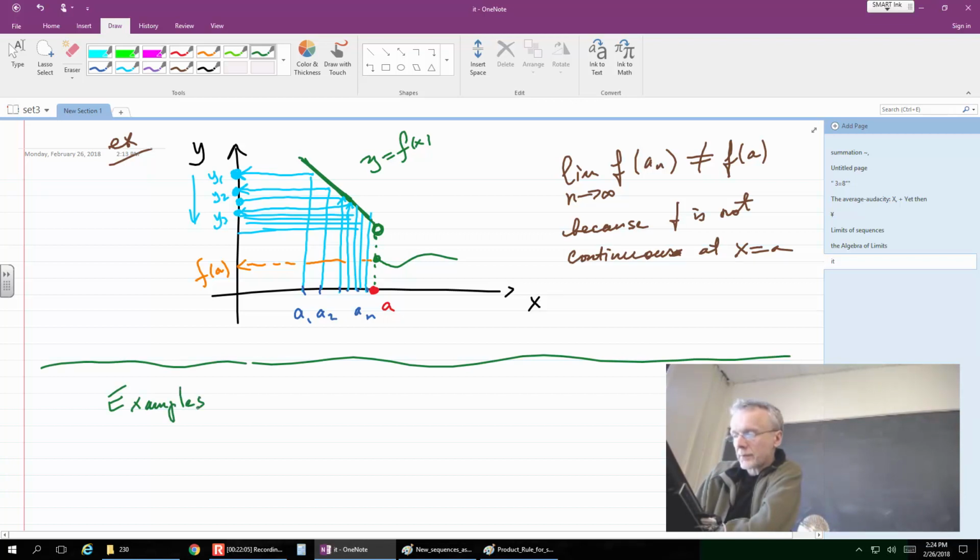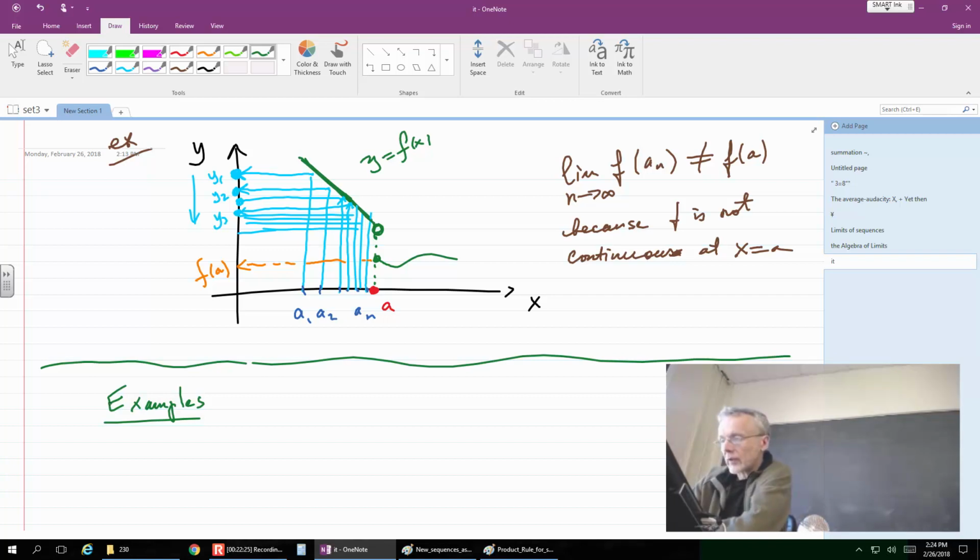It's nice to have a few examples that we can recycle whenever necessary, as well as using them as building blocks, because these four rules are a way to build new sequences from old sequences. You just need to have at least a few building blocks so that you can build more and more.